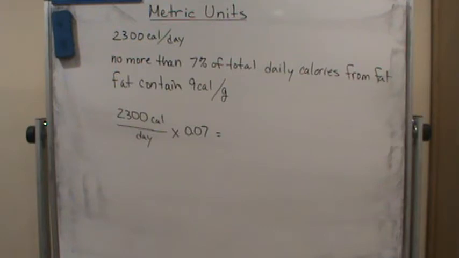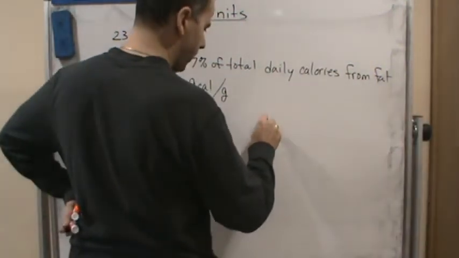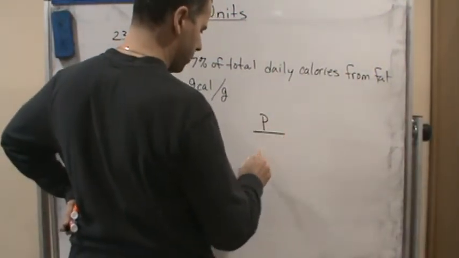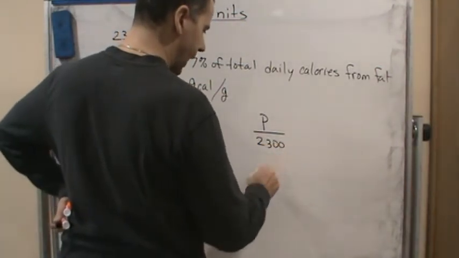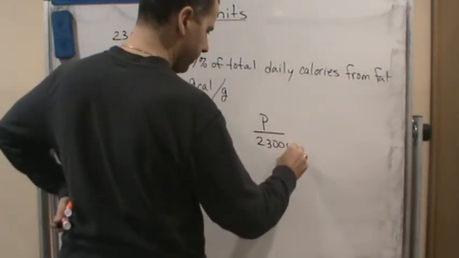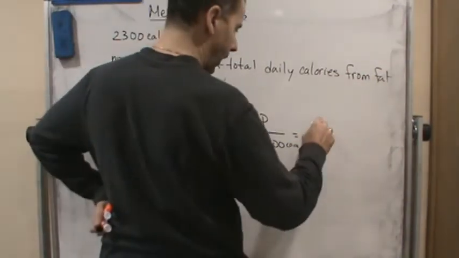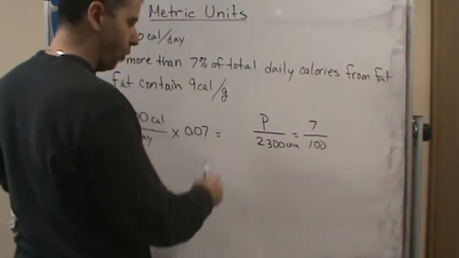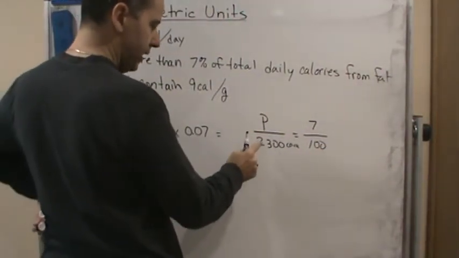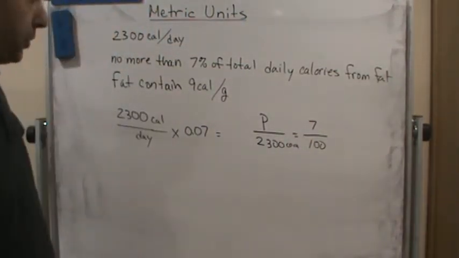Okay, so this is a proportion, and the way we would set it up is a proportion. We want to know what portion of the 2,300 calories equals 7 over 100, 7%. So what portion of the 2,300 calories equals 7 out of 100, or 7%?